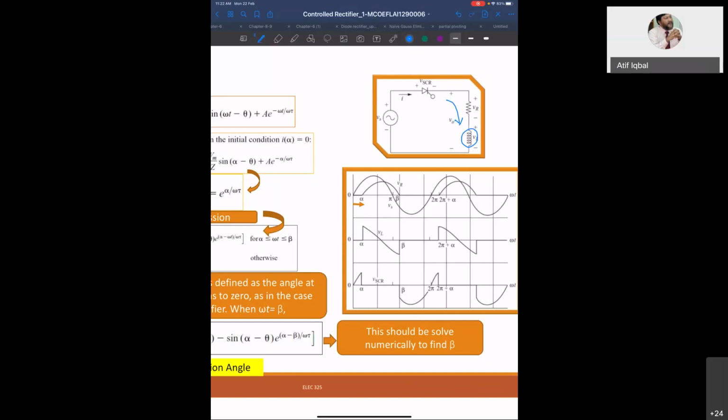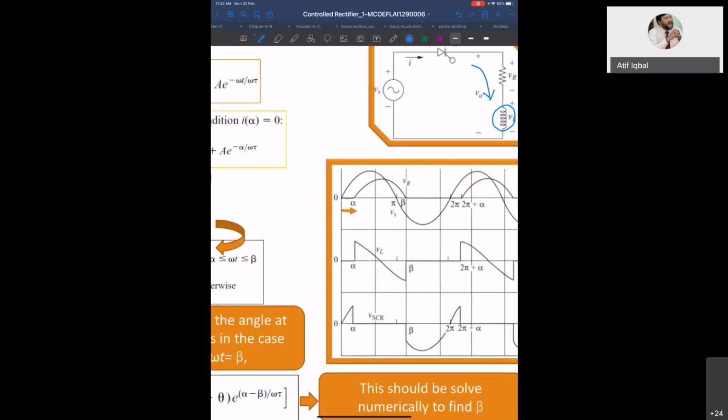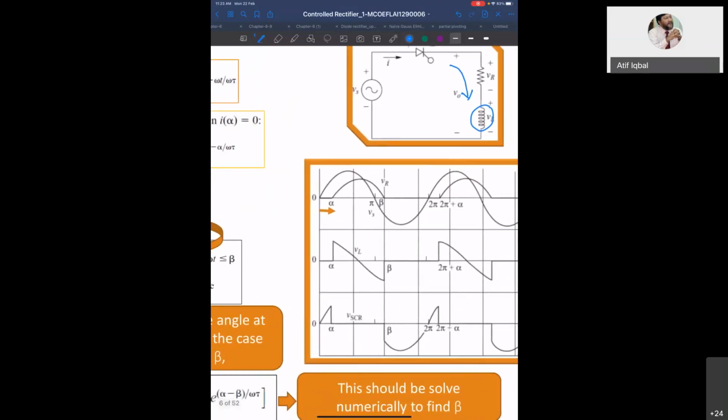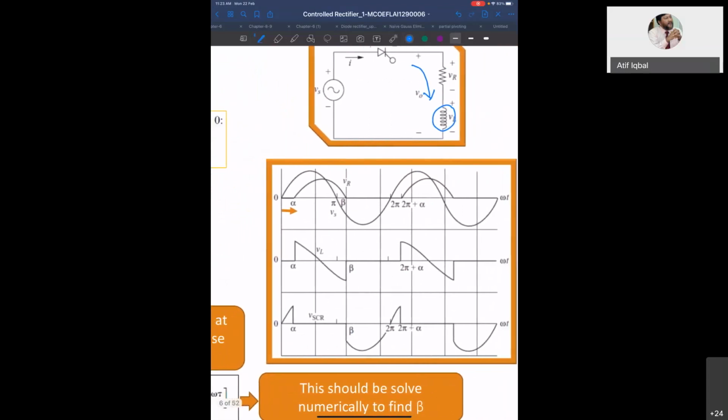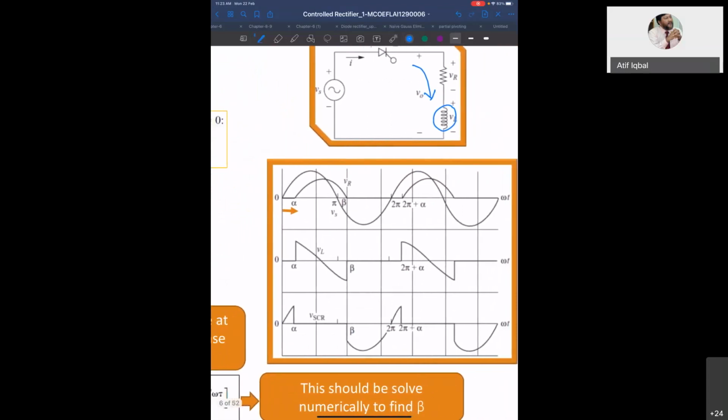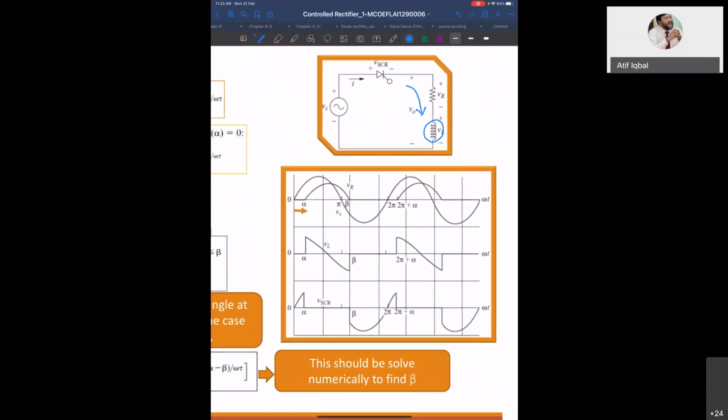So here, this is the source voltage. And say you trigger the SCR at an angle alpha.